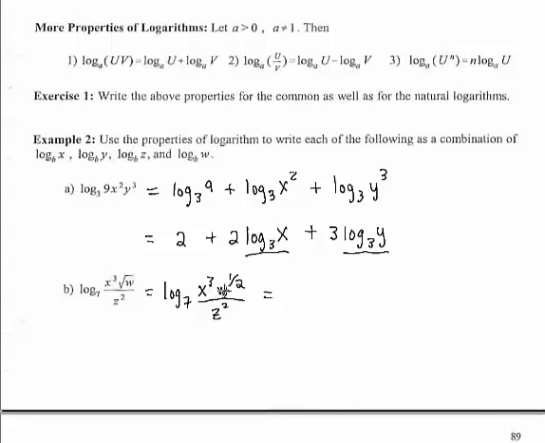So the x and the w are multiplying one another. We can write those as the sum of the two separated. Oh, that should be a 7, not a z. So this is our base 7.